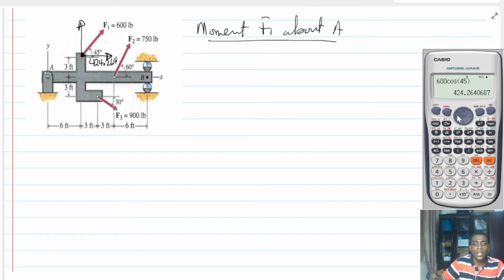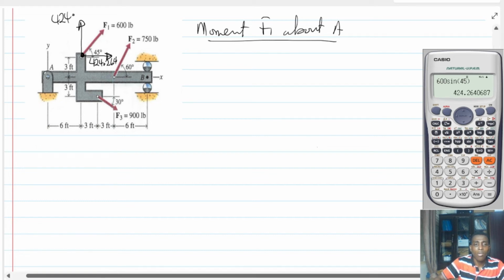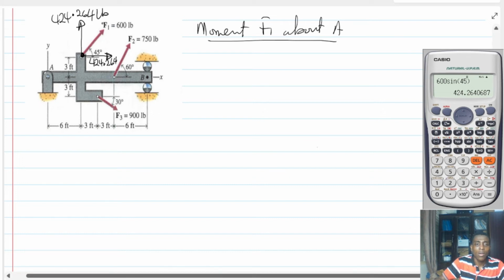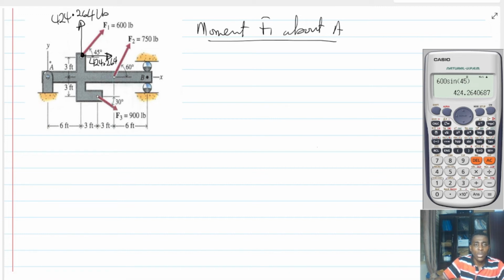And then the y component is going to be sine. It's the same thing, so 424.264. It's actually in pounds. Okay. So how do I find the moment? I will use the principle of transmissibility.